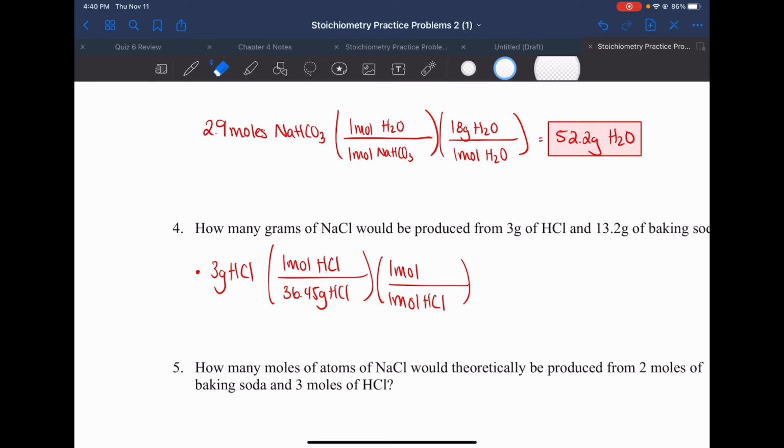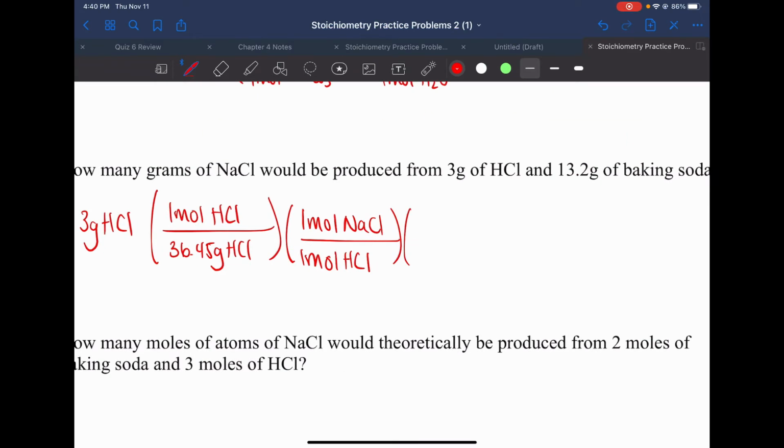Okay. So we're going over to NaCl. So for every 1 mole of HCl, we produce 1 mole of NaCl. And for every 1 mole of NaCl, we produce 23 plus 35.45, which gives us 58.45 grams of NaCl.